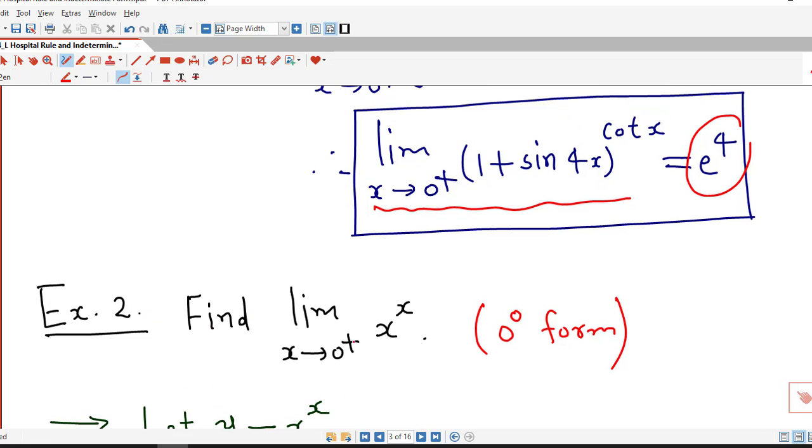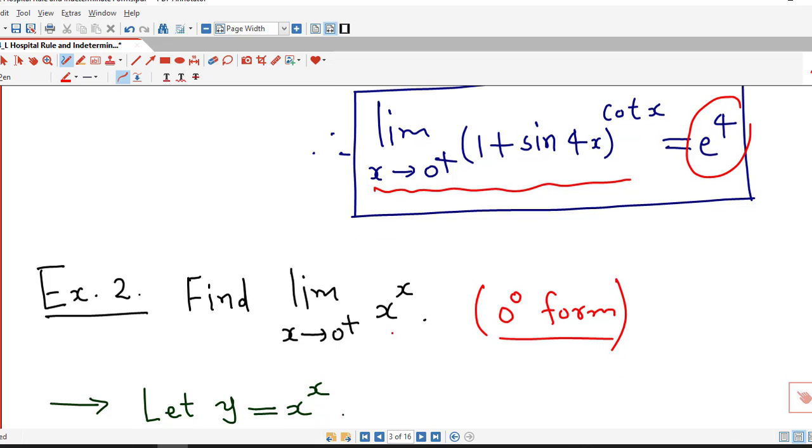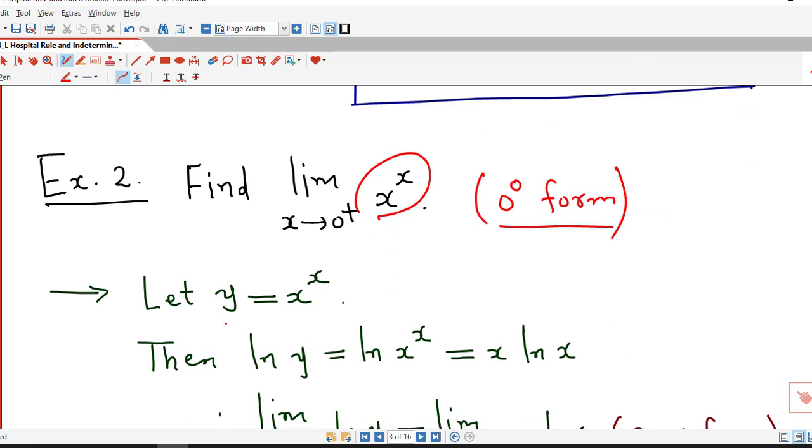Next example, limit of x to the power x as x approaches 0. If we take x equal to 0, we have 0 to the power 0, which is an indeterminate form. So we start by denoting the given function by small y. Therefore log y equals log of x to the power x, which is x into log x.